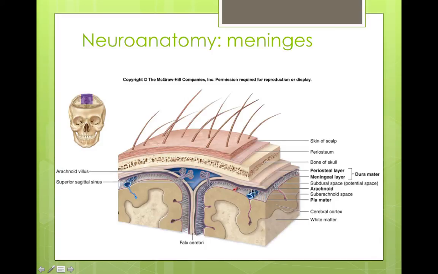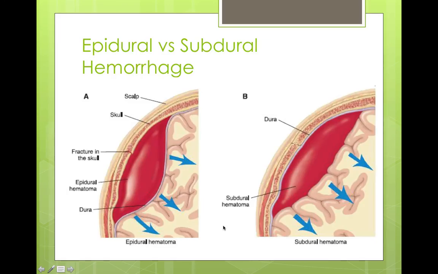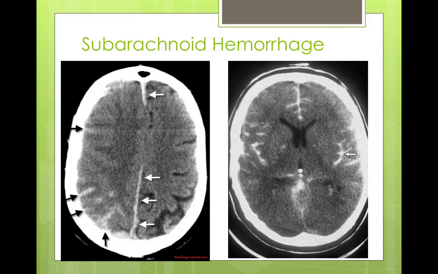So if there is blood in the subarachnoid space, blood will also go there in those sulci, and you will see the blood in the sulci. Now look at that. You see that? White blood in the sulci. Look at those. Blood in the sulci, blood in the sulci. See? That's an indication of the subarachnoid hemorrhage.